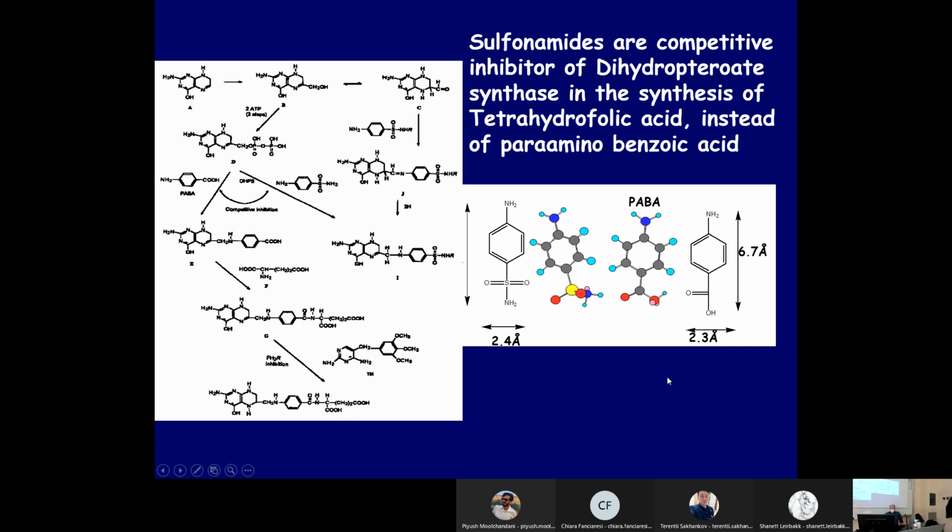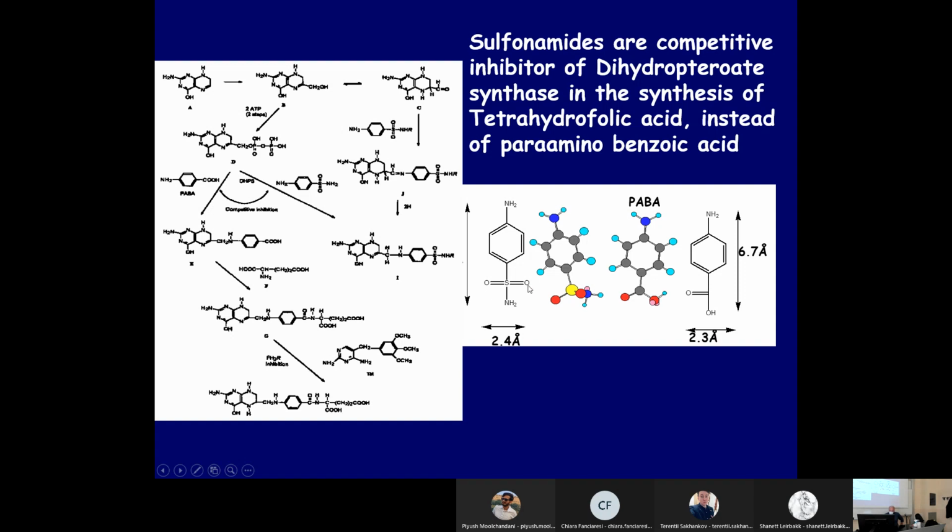A third example, it's a well-known example. This example represents the first example of an antibacterial agent used in the past: sulfonamides. You can see here the chemical structure of a sulfonamide.